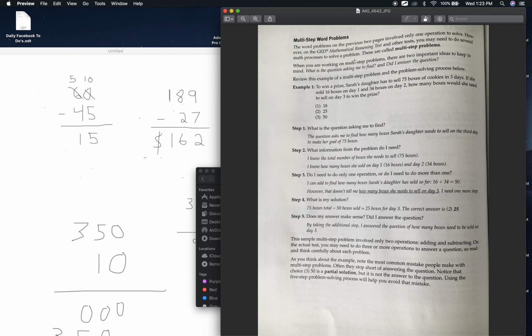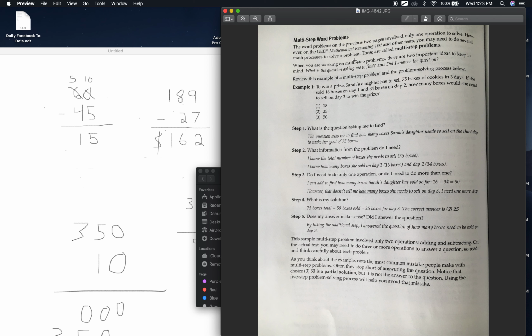When you are working on multi-step problems, there are 2 important ideas to keep in mind. What is the question asking me to find, and did I answer the question? Review this example of a multi-step problem and the problem solving process below.